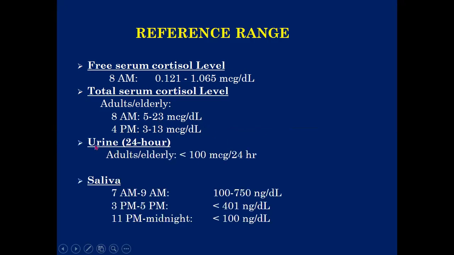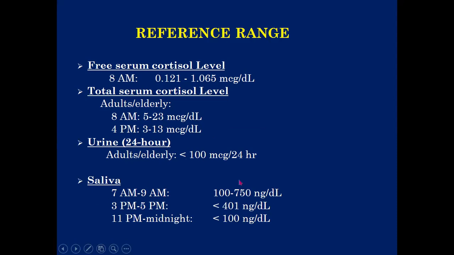Then urinary free cortisol is one of the tests which is used for the diagnosis. Then salivary cortisol levels are also very important, which most probably reflect the level of the free cortisol.